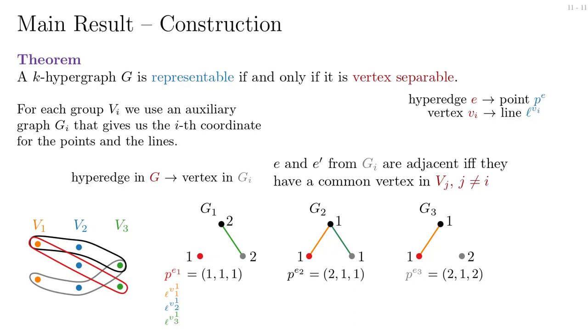For example, here we have 3 lines that correspond to 3 points, the orange one, the blue one, and the green one, that cover our red vertex P-E1.